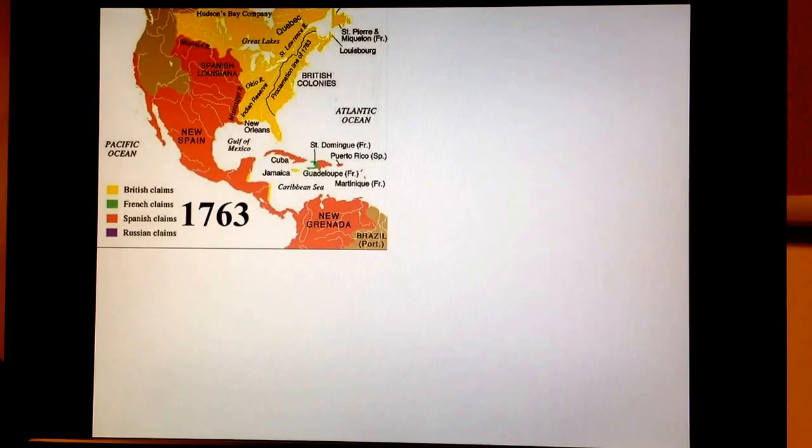So the colonists were safer and more secure. But Britain itself had gone deeply into debt to defeat the French and win this war. And so the British government started requiring American colonists to pay new taxes.